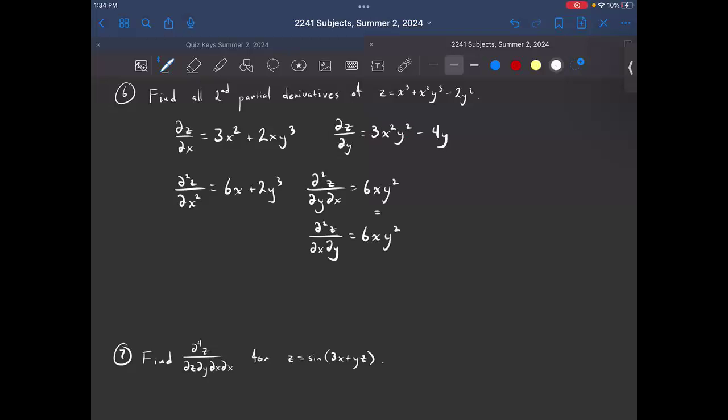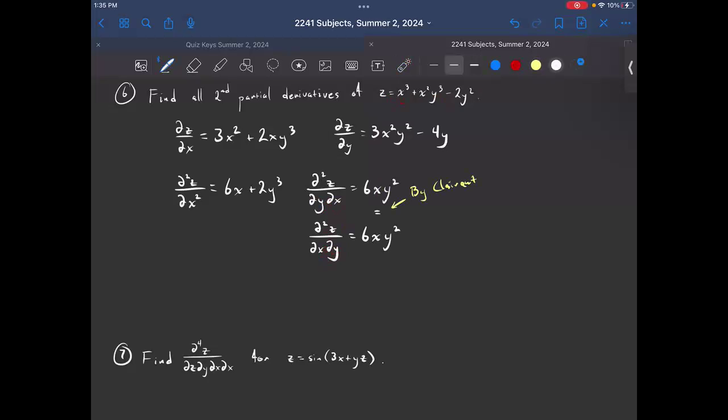Oh, and look at that, these two things are equal. This is an application of Clairaut's theorem. So by Clairaut, these two functions are continuous. This function has continuous derivatives of all orders. So these mixed partials in different orders are equal.